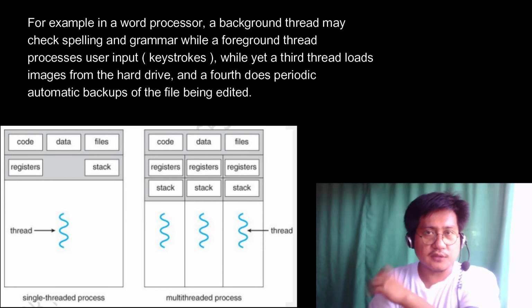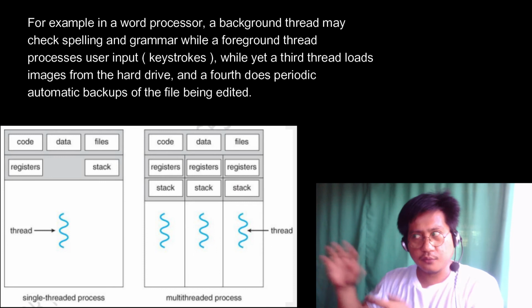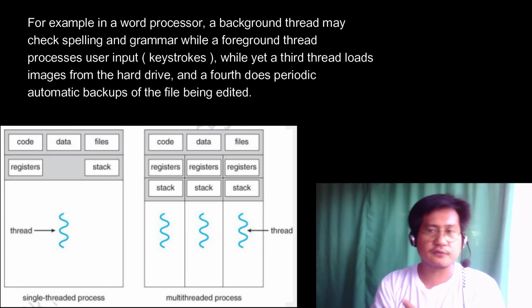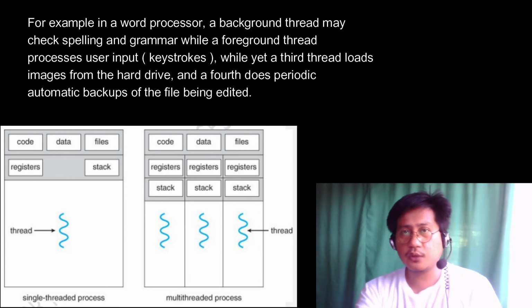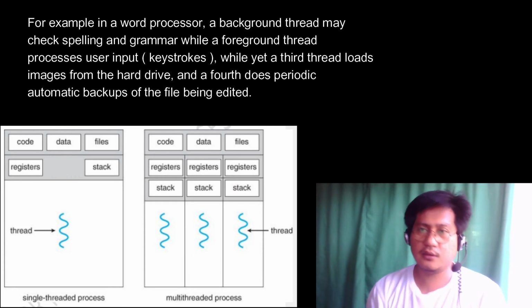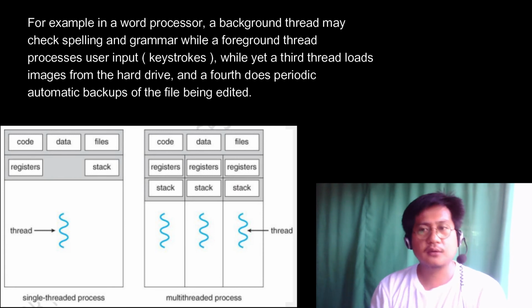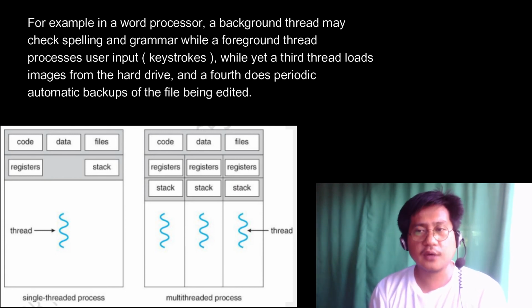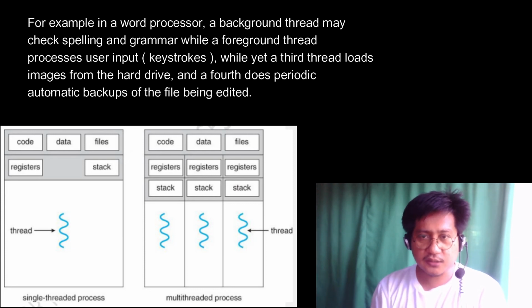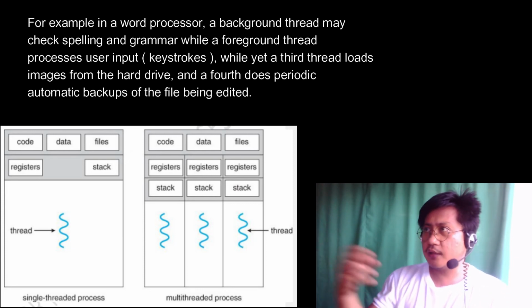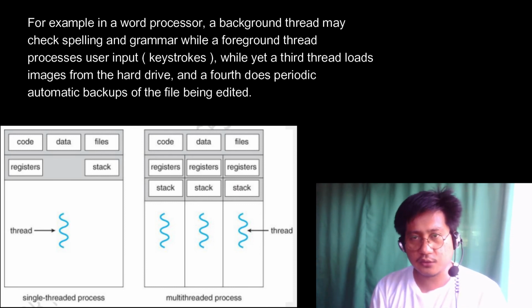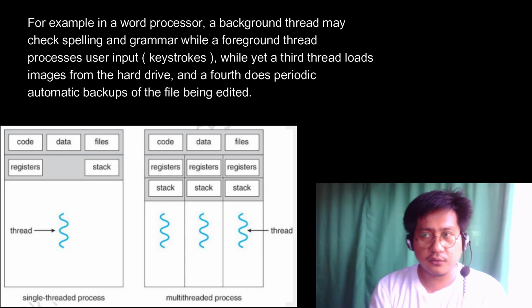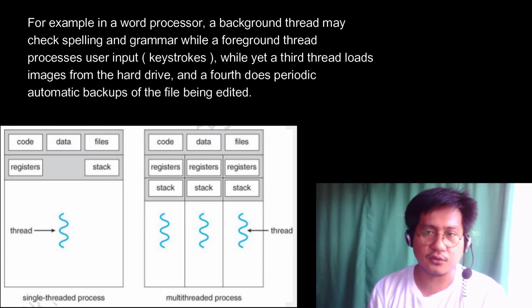For example, in a word processor like Microsoft Word or any other word processor that works like it, a background thread may be checking the spelling while you are typing, and it will also check the grammar, while the foreground thread processes user input or keystrokes. When you type letters on your keyboard, they are displayed on the worksheet of your word processor.